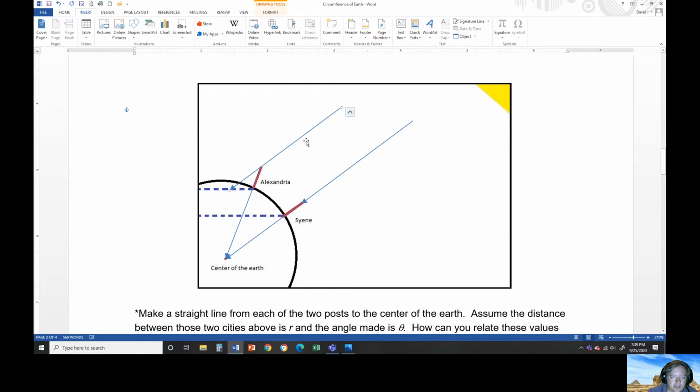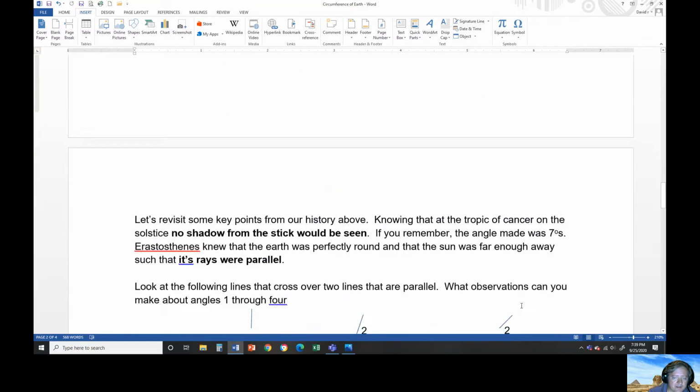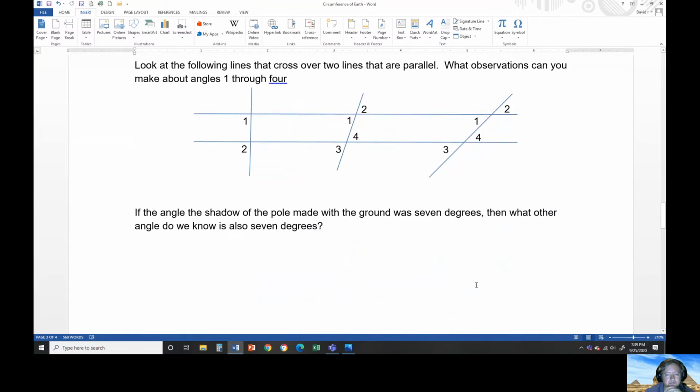This is the post, this is the sunlight coming down, that's going to create a shadow. And remember, that angle was 7 degrees.